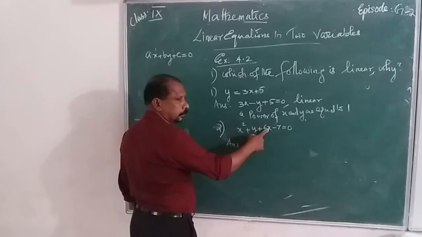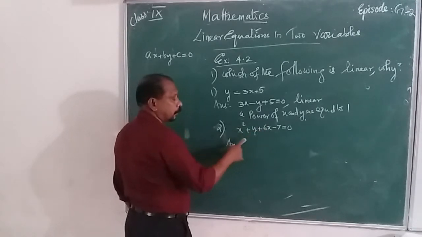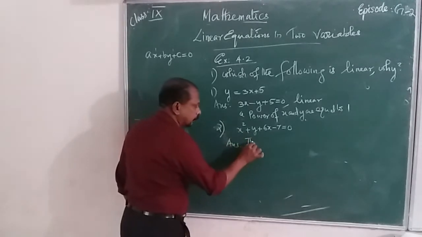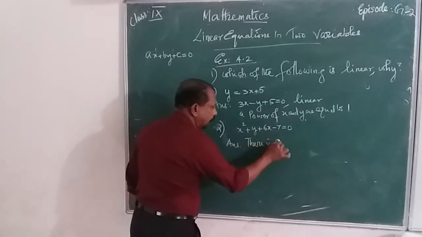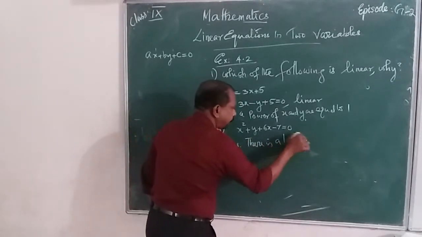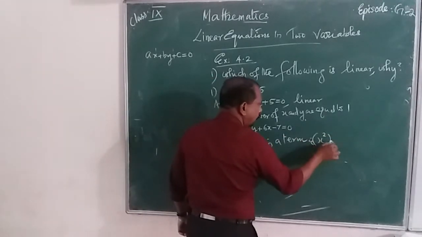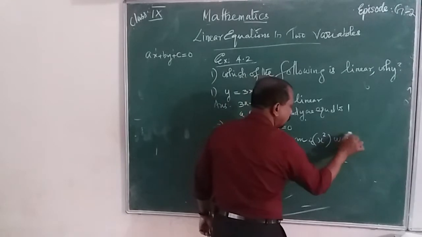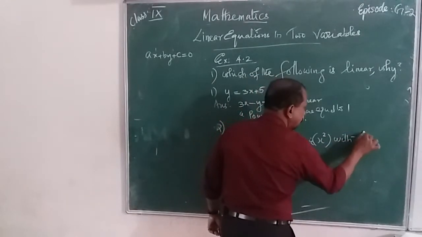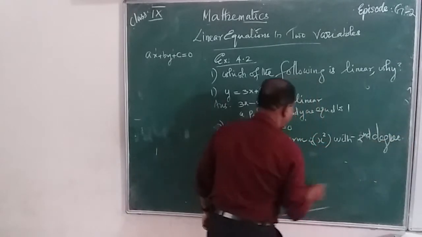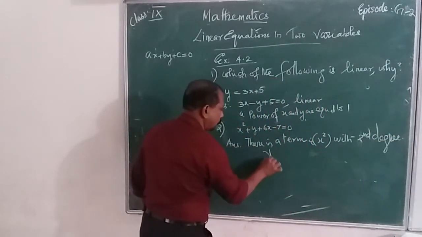The power of x in one term is 1, but there is a term with second degree, that is x square with second degree. Therefore, it is not linear.